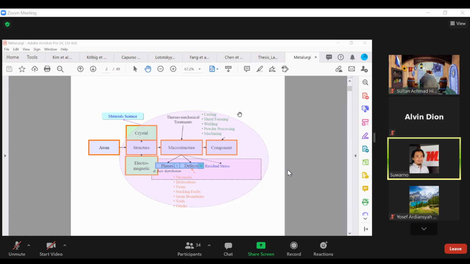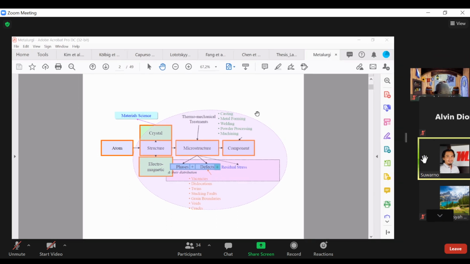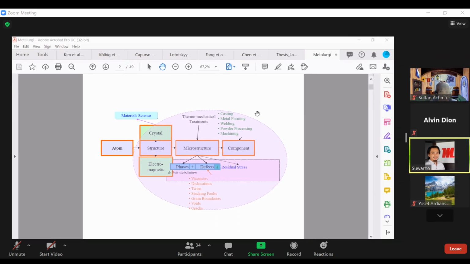But we have learned from Metal 1 and also some part of Metal 2 that tests can be destructive, which means that you cut the component and make a sample from it, and then you test it in a machine. For example, if you're doing a tensile test, we call this kind of test destructive testing, and it is at the component scale.